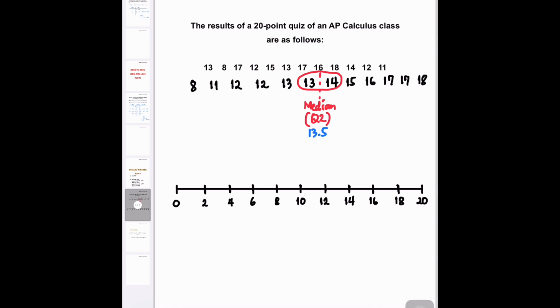So next that we can identify is the lower quartile, which is the data value, or what we call the median of the data set to the left of Q2. So here, these are the data values to the left of the median.